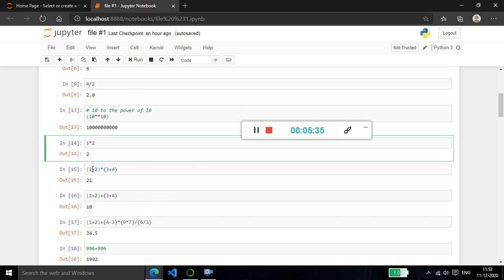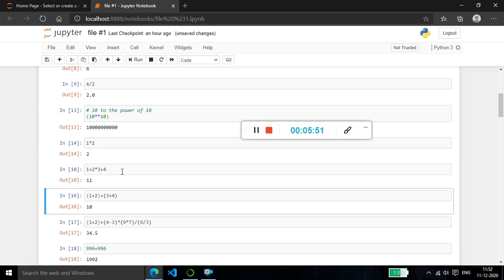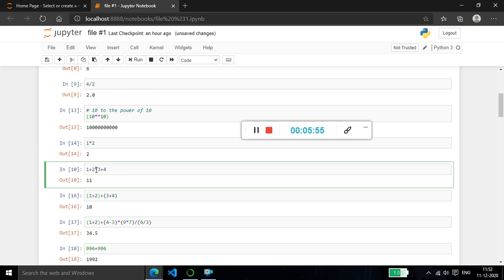1 plus 2 multiplied by 3 plus 4. In that case you have to close the bracket, because if you remove this bracket and run shift plus enter, it will still give the answer. But why is the bracket used? The reason is it's recommended.